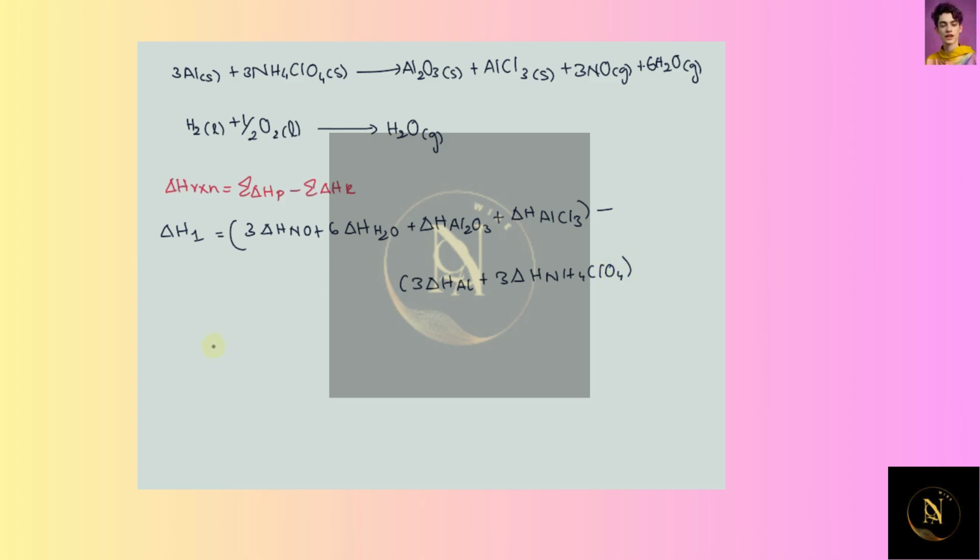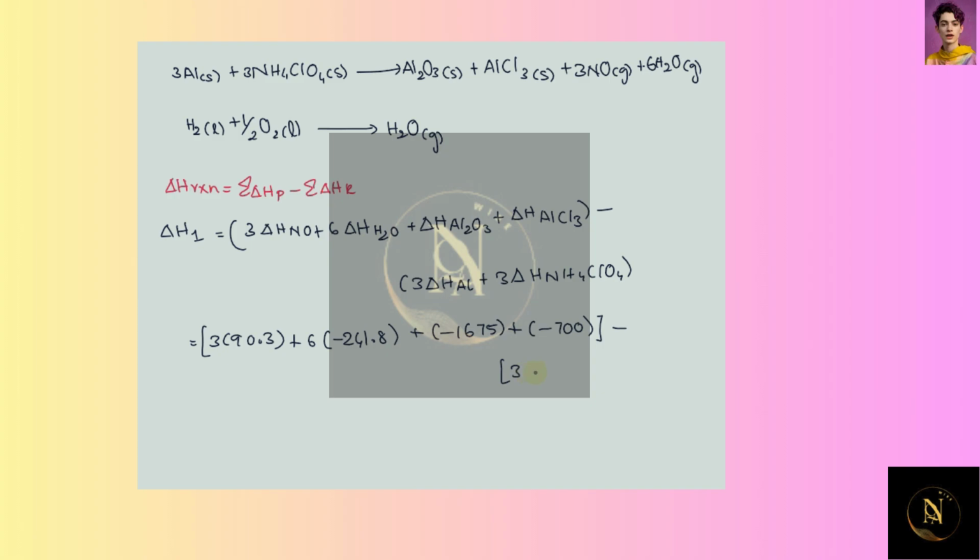Now we are going to substitute the values from the table, that is 3 into 90.3 kilojoule per mole plus 6 into minus 241.8 kilojoule per mole plus minus 1675 kilojoule per mole plus minus 700 kilojoule per mole minus the del H of aluminum, which will be equal to 0.